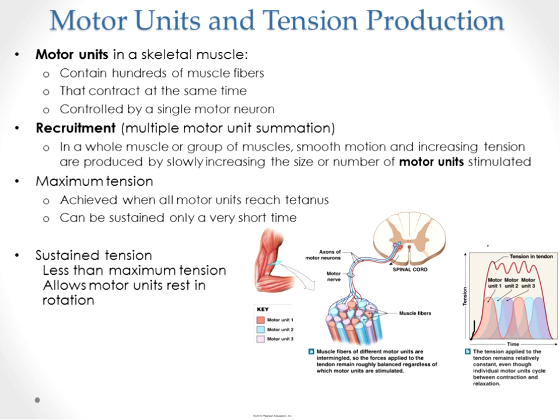Okay? Now, to do maximal tension, you ask every motor unit to contract in a given second. Okay? And to ask a maximal tension for an organ, it might be that getting every single motor unit to contract in unison might not still be enough force to maybe lift the table off the ground, lift my desk off the ground, okay?